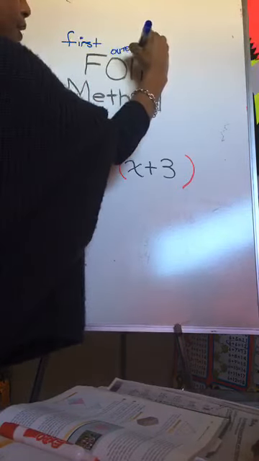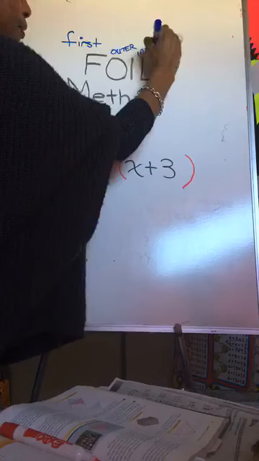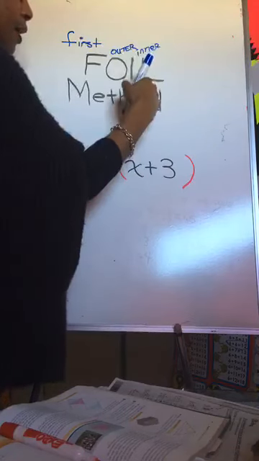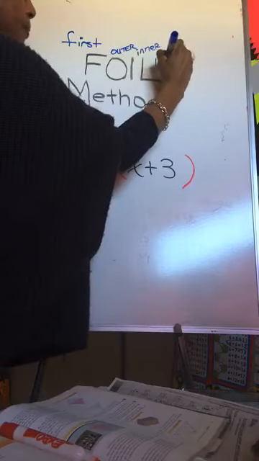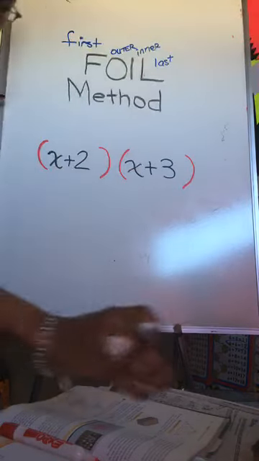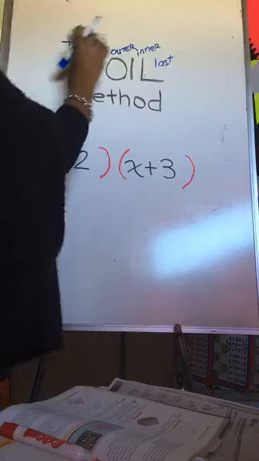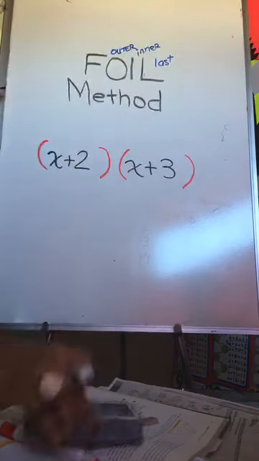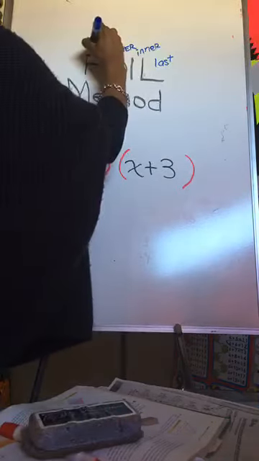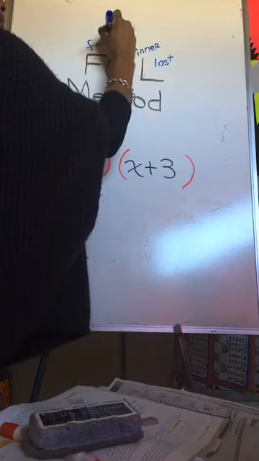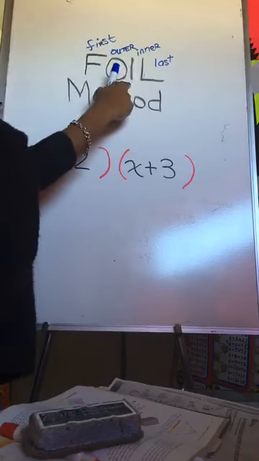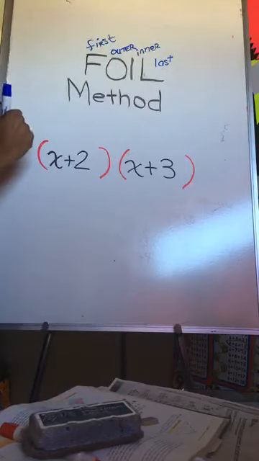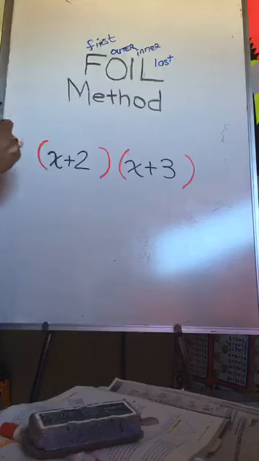I represents inner. And L represents last. So F stands for first, O stands for outer, I stands for inner, and L stands for last.